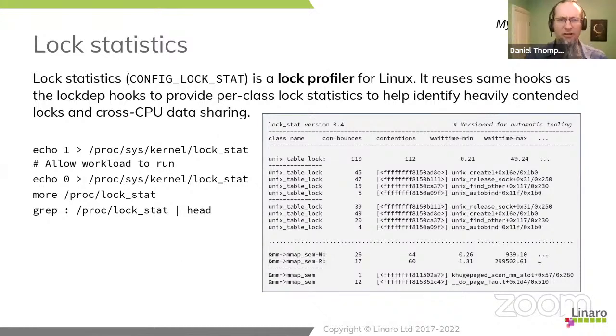A very specialized type of profiler is just interesting to mention. I have to admit, I have never used the lockstat profiler to improve performance of my systems, but I know people who do. It's basically trying to help identify heavily contended locks and data sharing, so that you can redesign some of your algorithms to be better behaved.